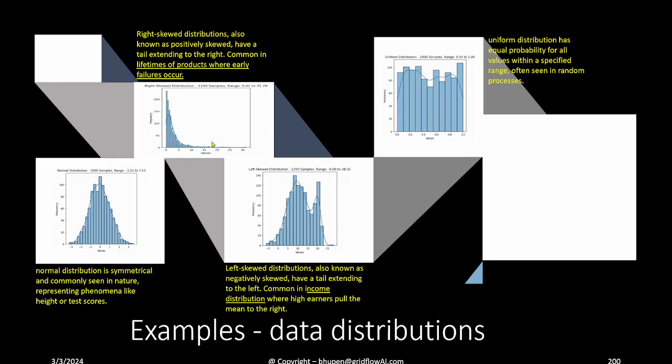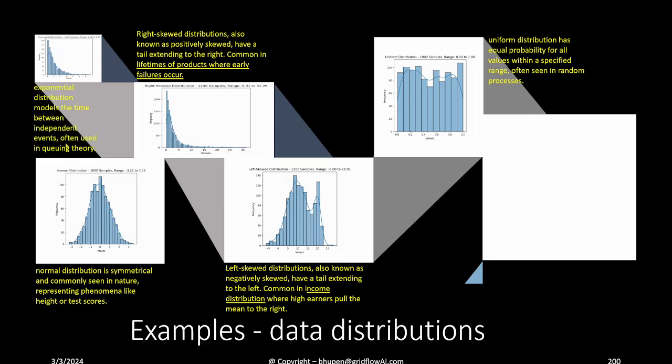Some of the products where the defects occurred may last longer. So that is why the tail is extending. So this is skewed on the right hand side, and this is called positively skewed. Now, this right skewed and left skewed is closely associated with the normal distribution data that is very common in analytics.